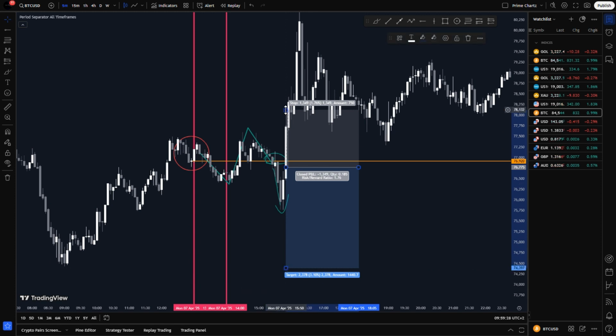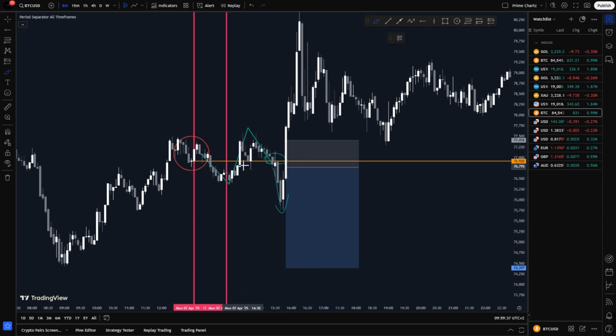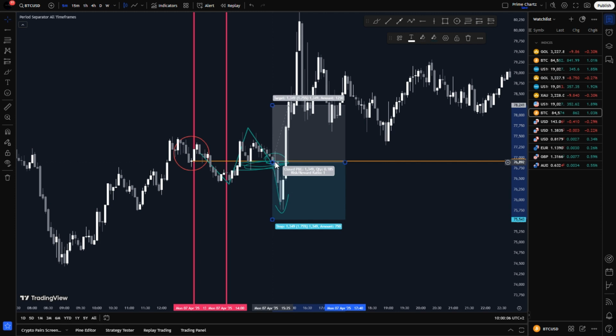And the reason why you might have entered a sell position here is simple. Price broke below our horizontal line cleanly, right here. It looked like a proper break, so naturally, you'd expect a continuation to the downside. Now, someone might say, well, I would have entered with a buy and just held through the drawdown. But let's be real.